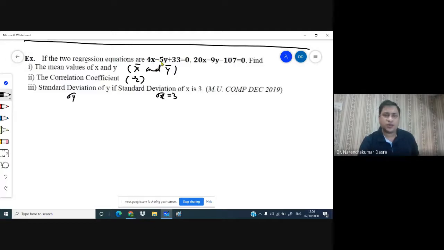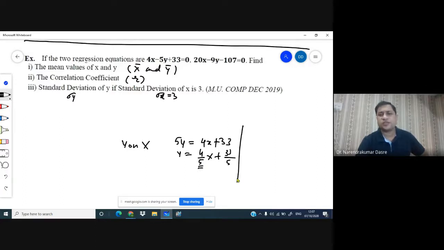For example, if I consider this line as y on x, then I'll be having 5y is equal to 4x plus 33. So y is equal to 4 by 5 x plus 33 by 5. So this is the slope for this line.